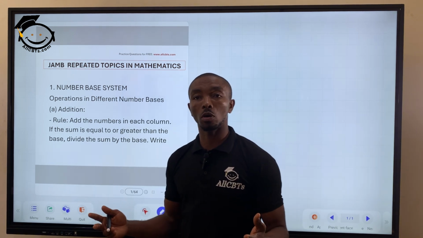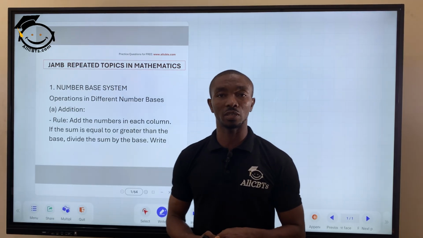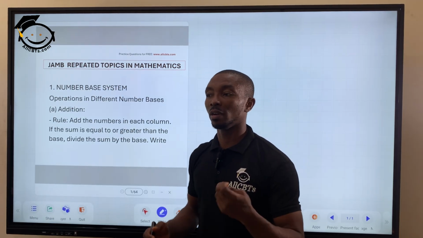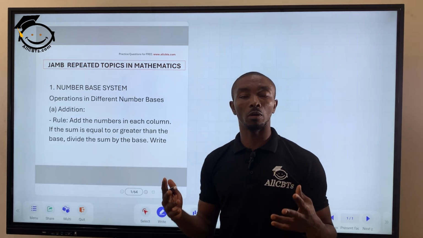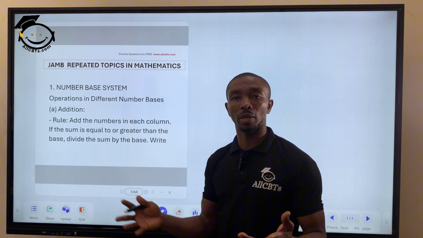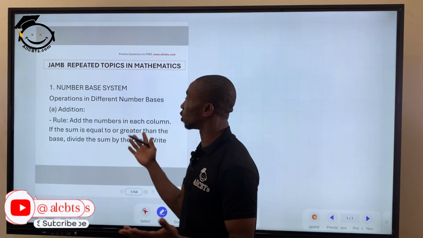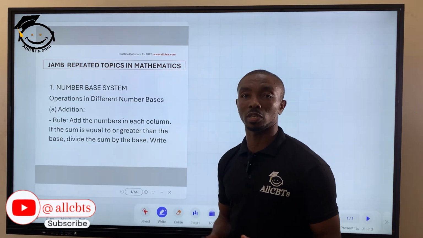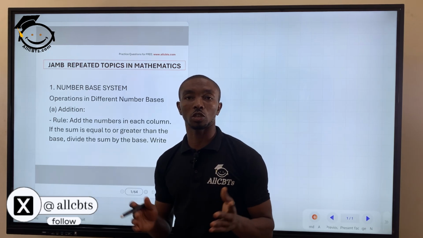The most common number-based system we use for our daily activities is the denary, which is base 10, otherwise also called the decimal-based system. Today we'll be looking at operations in different number-based systems: addition, multiplication, and subtraction majorly.